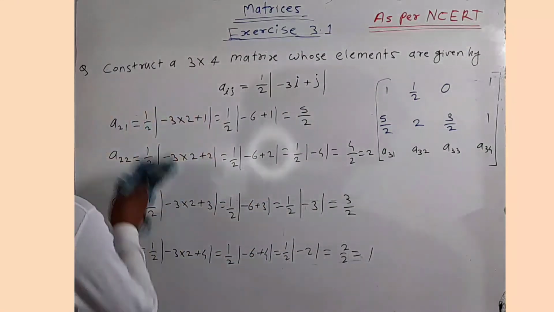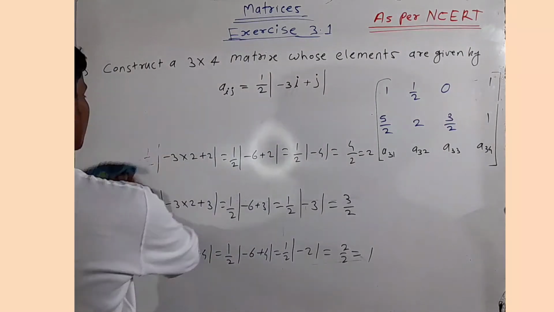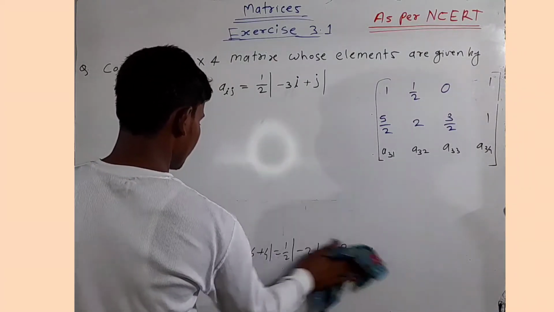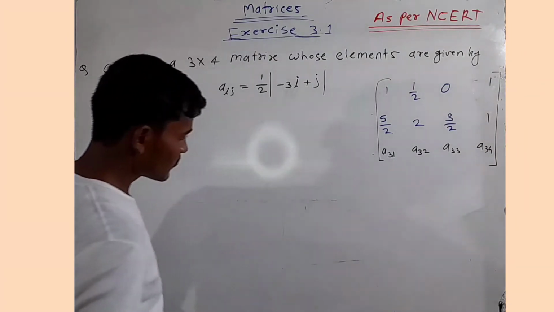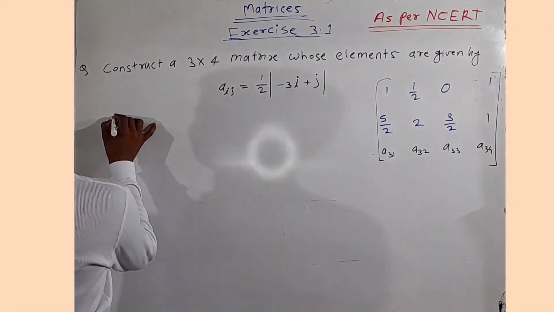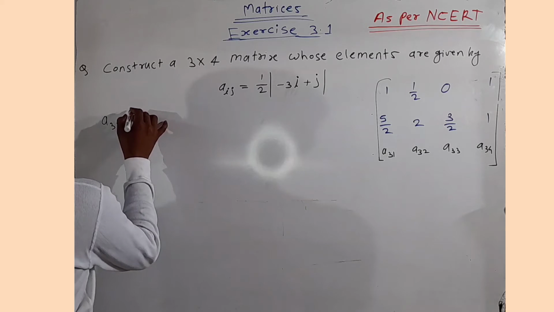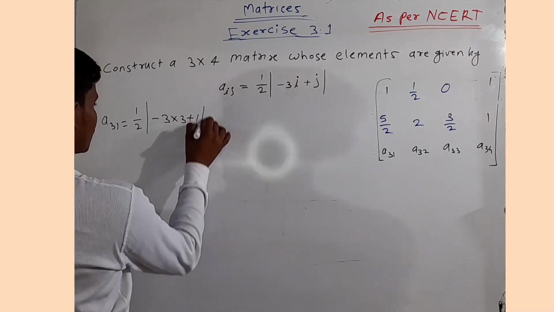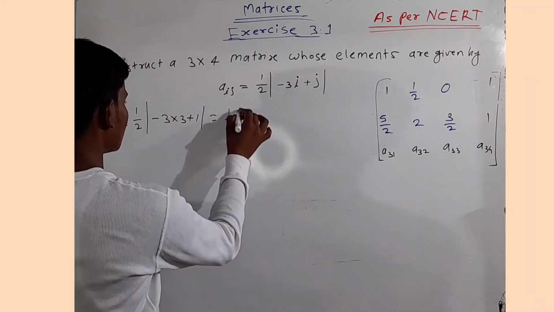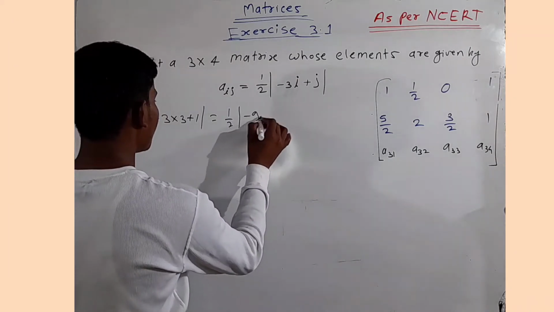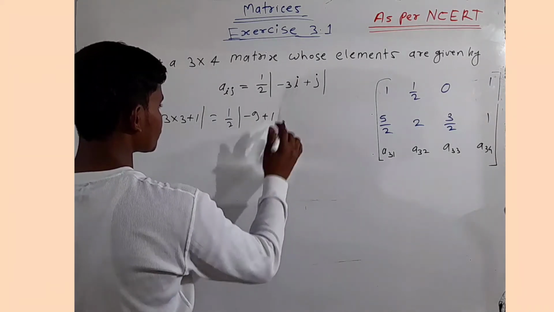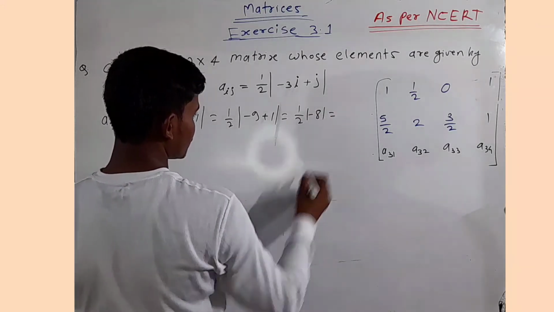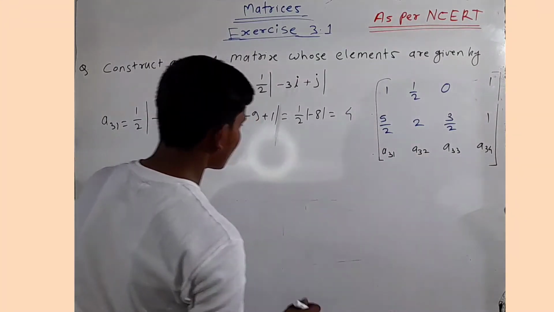Then next for the third row, A31 equals 1 by 2 minus 3 into 3 plus 1, which equals 1 by 2 minus 9 plus 1, which equals 1 by 2 mod minus 8, which equals 4.